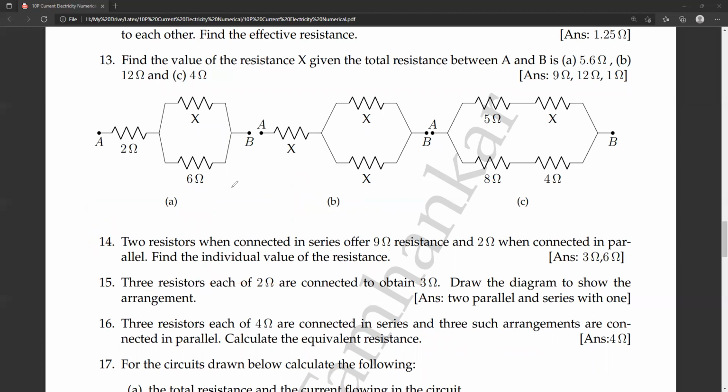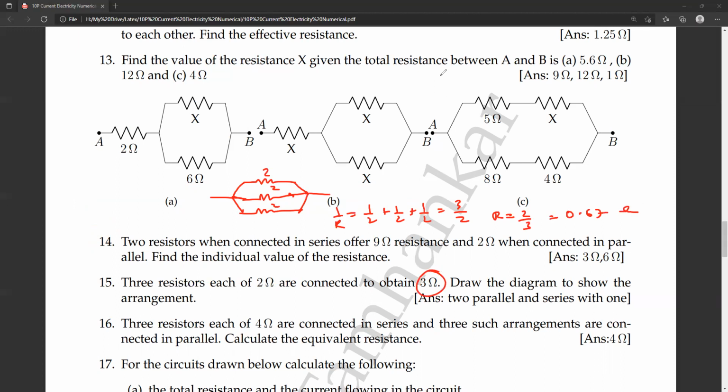If you connect all of them in parallel, so 2, 2, and 2, you get 1 by 2 plus 1 by 2 plus 1 by 2. Don't forget on the right side, it is 1 by R. So that is 3 by 2. So R is equal to 2 by 3, 0.67 ohms. So that's not 3 ohms.